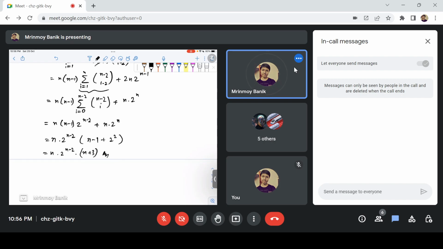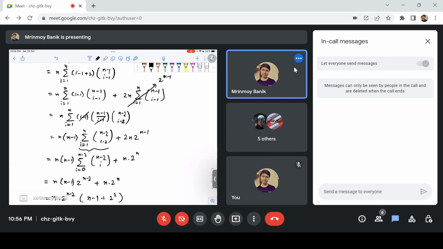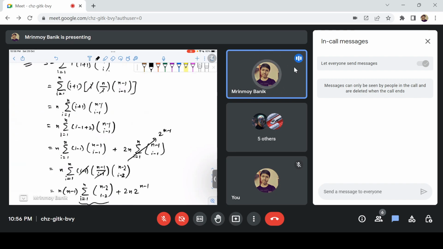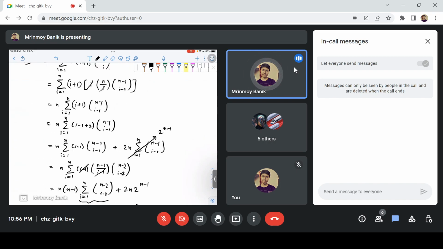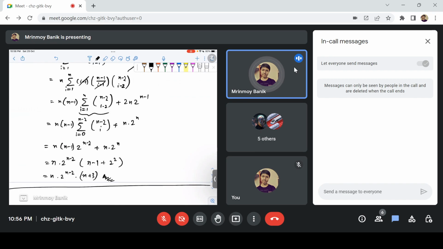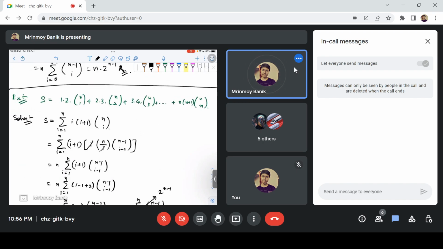Right. These sums are pretty routine and straightforward once you see the basic tricks used here, like change of variables.